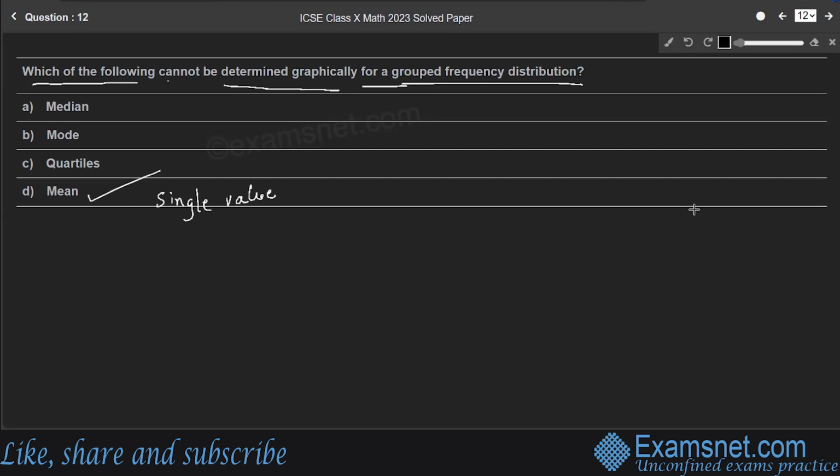Therefore, the determination of mean by the graphical method is not possible. Mean is a perfect method for the determination of the central tendency of a value. Hence, mean can't be determined graphically.